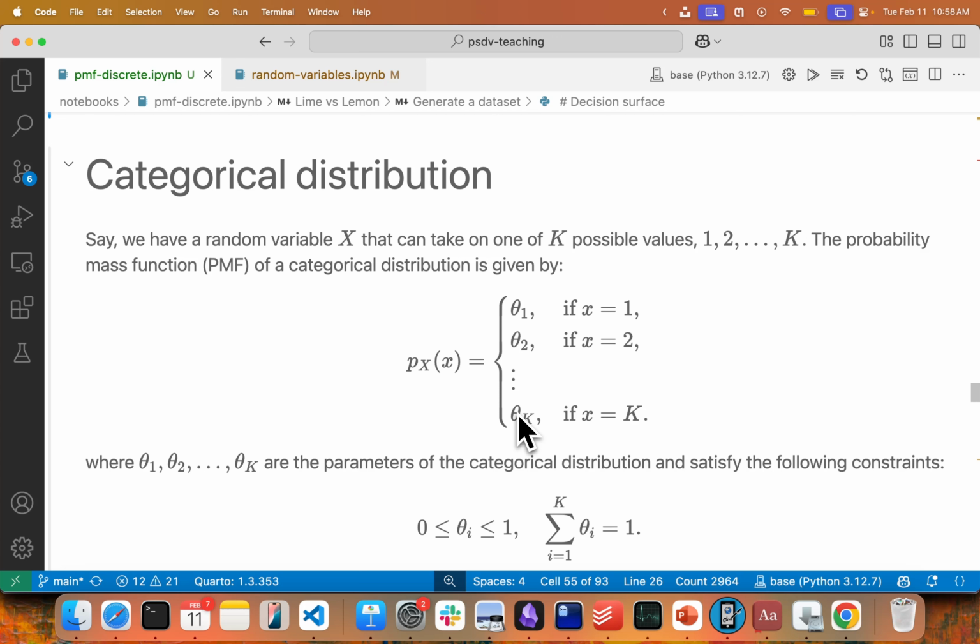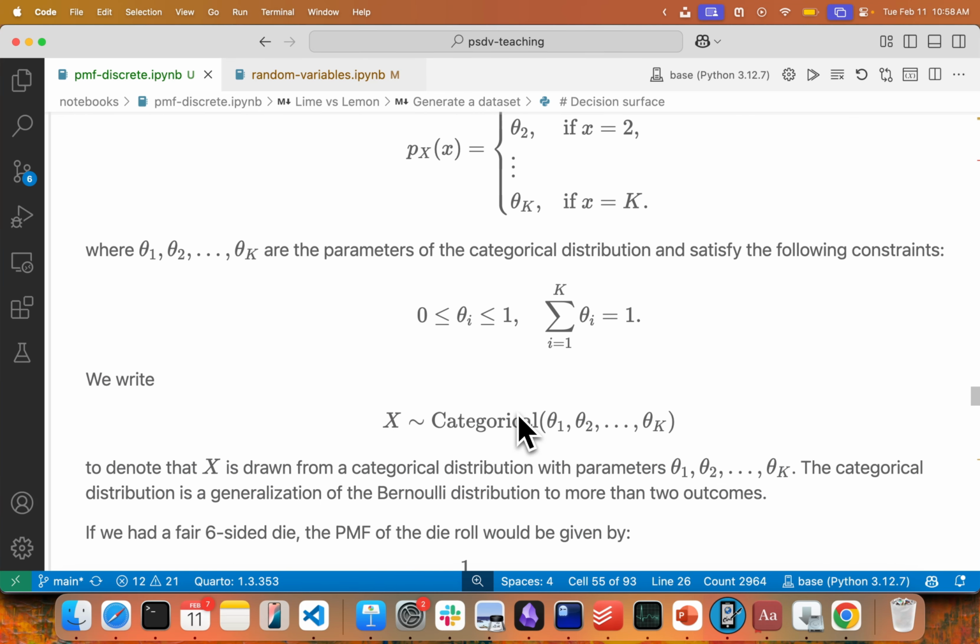So if I took this whole class and looked at all the grades, probability of A plus probability of B plus C plus D plus E plus F should be 1, assuming everyone gets a grade. So we write that the random variable x is distributed as per the categorical distribution, given this theta vector, which is the probability of it taking state 1, state 2 till state k.